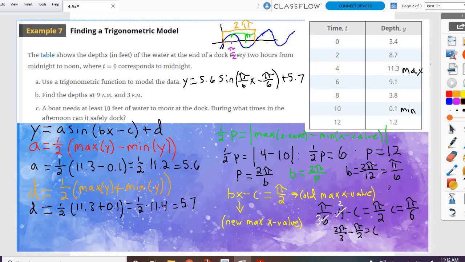So we would want to take that 9 and plug it in. So we would have y equals 5.6 times sine of pi over 6 times 9 minus pi over 6 plus 5.7. We would take that and plug it all into our calculator.